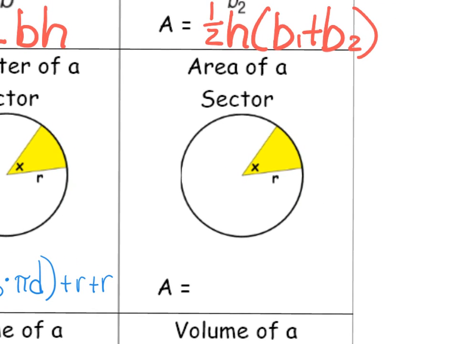For area, we want to add in our area formula. So for our area formula, we're going to do x over 360 times the area of the circle, pi r squared.